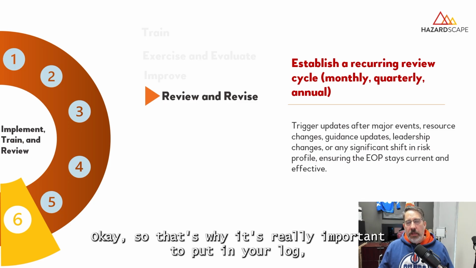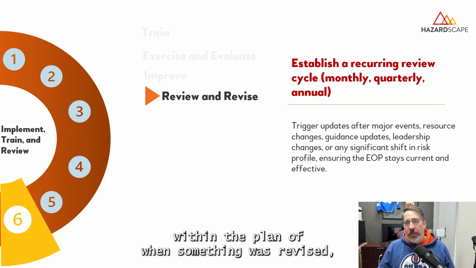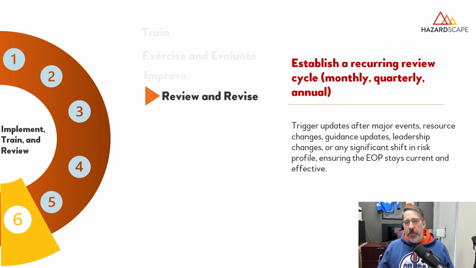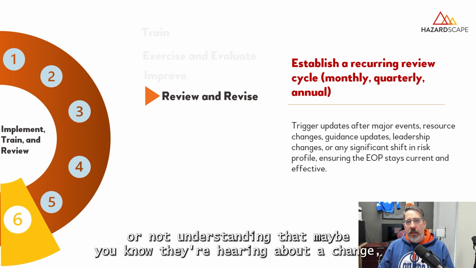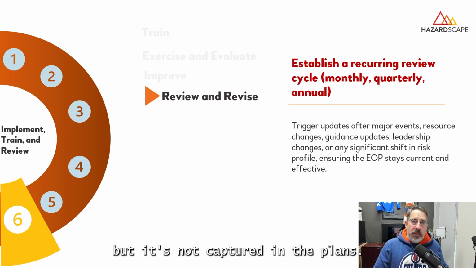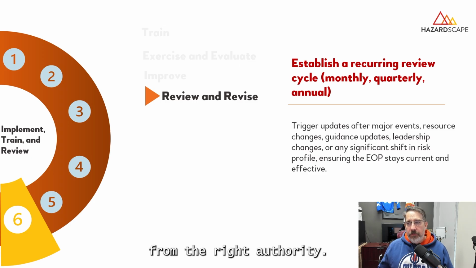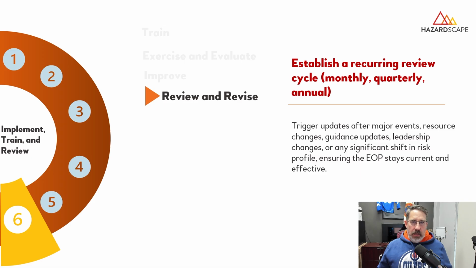Okay, so that's why it's really important to put in your log within the plan of when something was revised, when it was updated, and who approved the update, because you don't want people using outdated courses of action or not understanding that maybe they're hearing about a change, but it's not captured in the plan's revision. So, they'll get confused and maybe not think it comes from the right authority. But whatever the case is, get into that annual cycle.